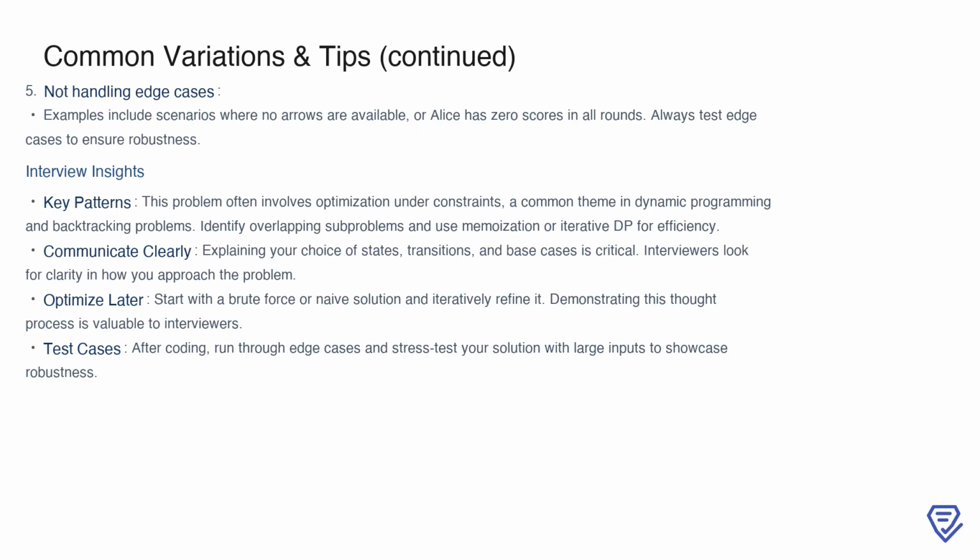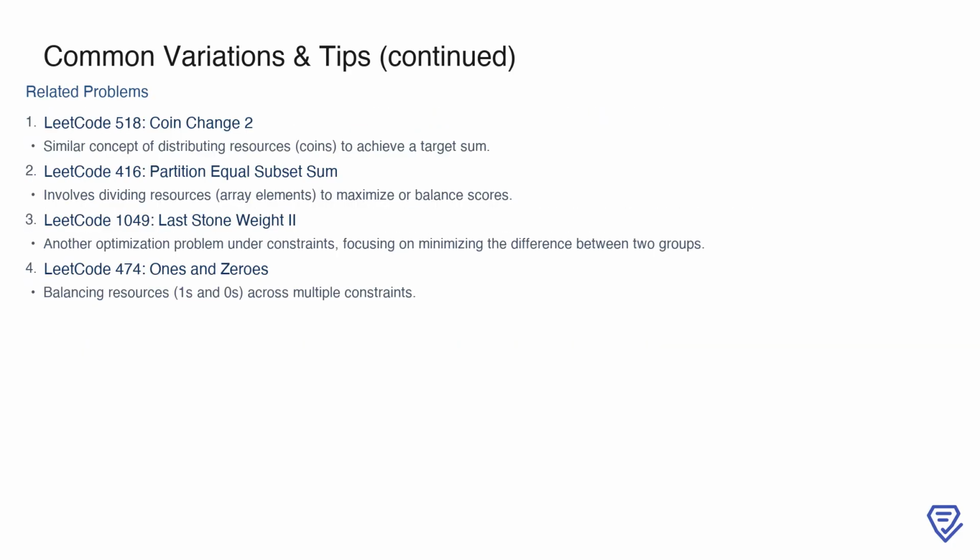Finally, after implementing your solution, run it against edge cases and stress test it with large inputs to show its robustness and scalability. This problem shares similarities with several other optimization and resource distribution problems you might encounter on platforms like LeetCode. For instance, LeetCode 518, Coin Change 2, involves distributing coins to achieve a target sum, which is conceptually similar to distributing arrows. Another related problem is LeetCode 416, Partition Equal Subset Sum, where you aim to divide resources to either maximize or balance scores.